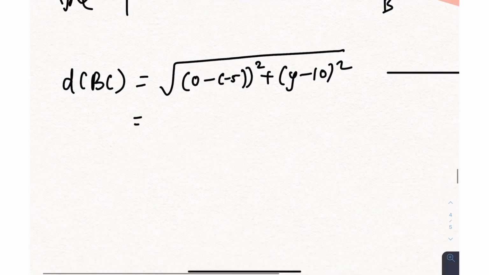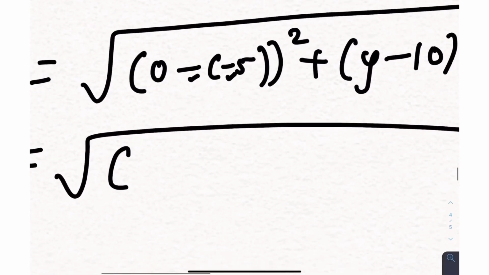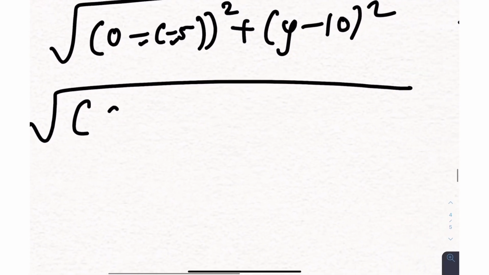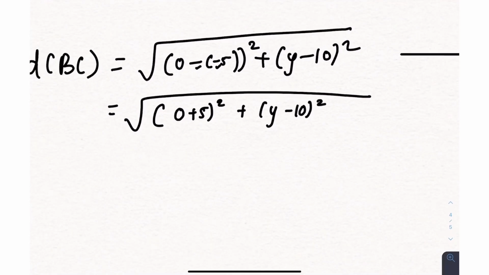And if you're simplifying this, negative into negative will become positive. So we'll get (0 plus 5) the whole square plus (y minus 10) the whole square.